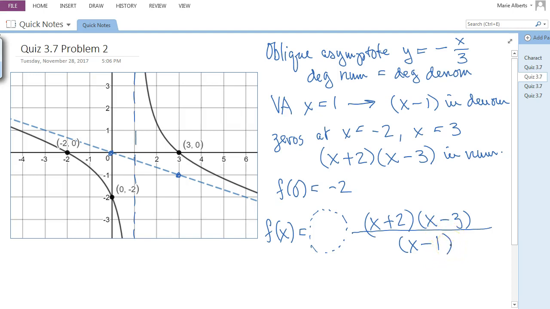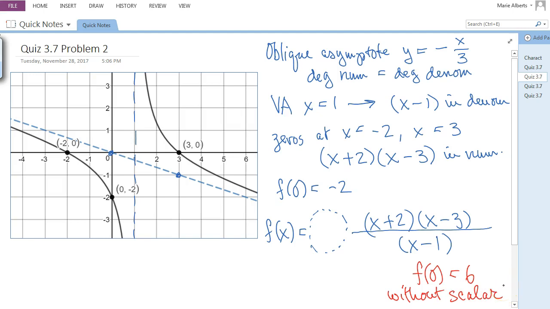Now if x were equal to 0, then I would have 2 times negative 3 for negative 6 over negative 1 in the denominator, which would give me a ratio of 6 here. And I don't need this 6, I need a negative 2. So I have f of 0 is equal to 6 without a scalar.